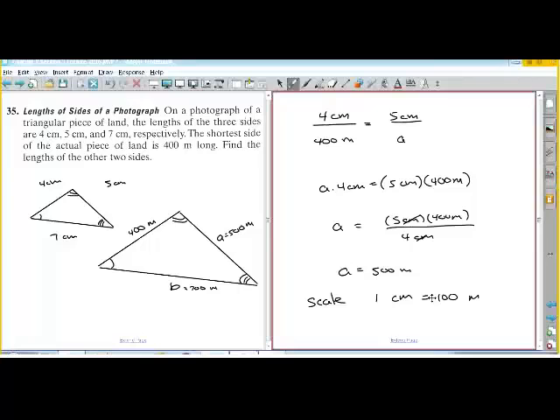Because 4 centimeters equals 400 meters, so 1 centimeter equals 100 meters. Yeah, the last one was a scaling of 1.5. So if you had a photograph, you could have a little scale on it, and then you'd be able to measure centimeters and then multiply it by 100, change the units to meters, and then you get the actual answers.